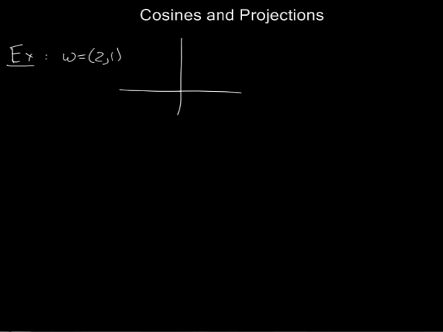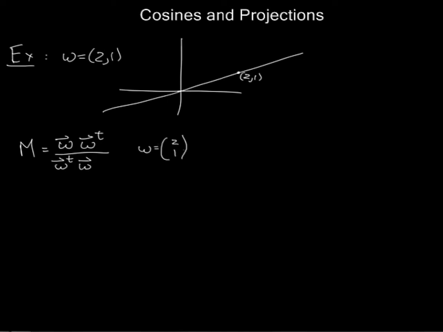Okay, it's time for an example. Suppose w is the vector 2, 1, and let's compute the matrix of projection onto this line. So, as I said, the matrix is computed like this, where w, it's important to remember, is now a column vector 2, 1.